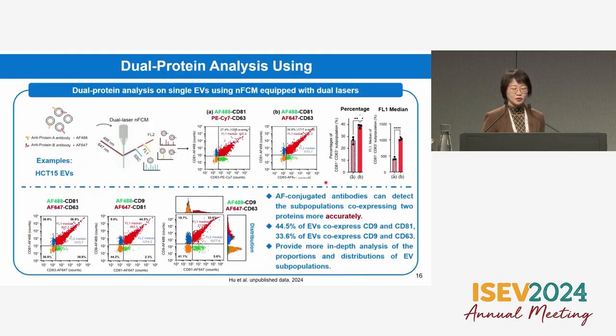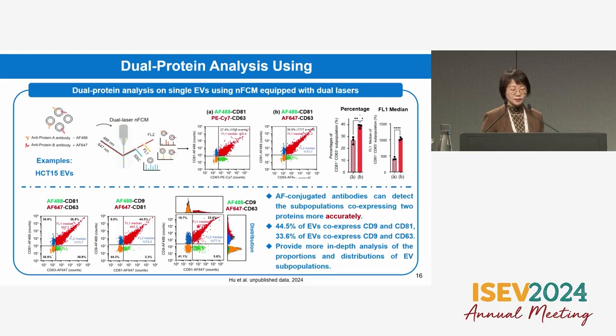Here is another example. We use the nano FCM equipped with dual lasers. We use Alexa Fluor 488 to label CD81 and PE to label CD63. In another one, we use two Alexa Fluors. You can see when you replace Alexa Fluor with PE, you see an increase in the ratio and the median fluorescence.